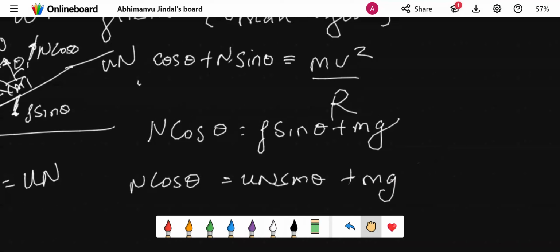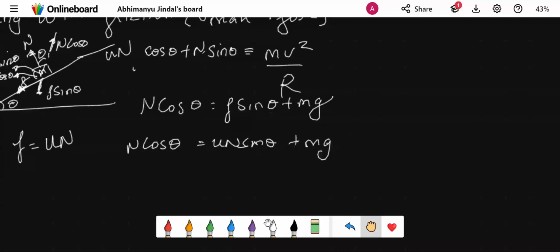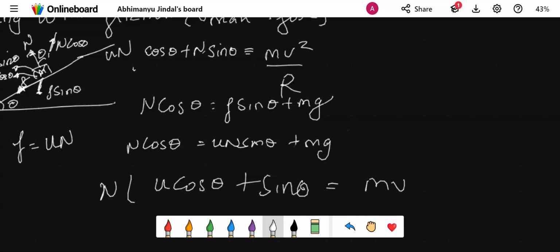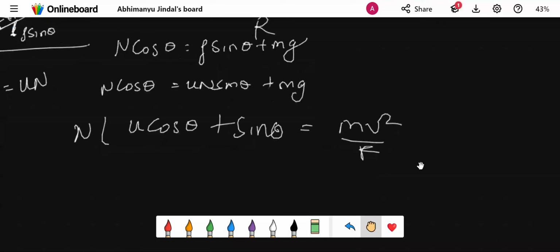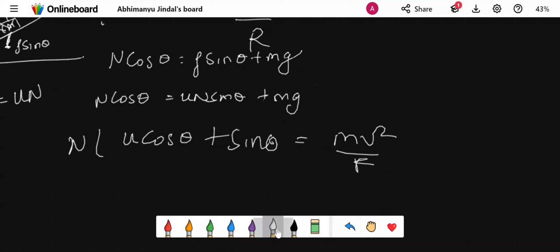While solving these equations, I take n common, so I get n into mu cos theta plus sine theta equals mv squared by r, and mg equals n into cos theta minus mu sine theta.